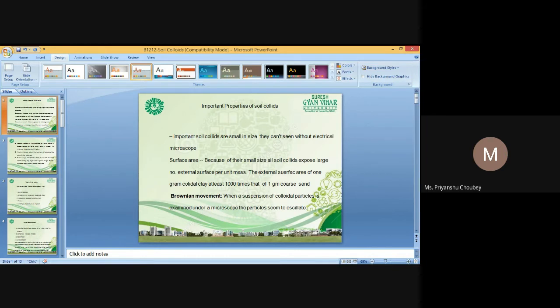So let's see what a soil is and what types of concepts are included in soil science. Soil's fundamental concepts.